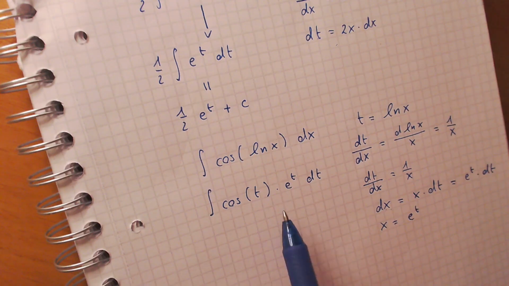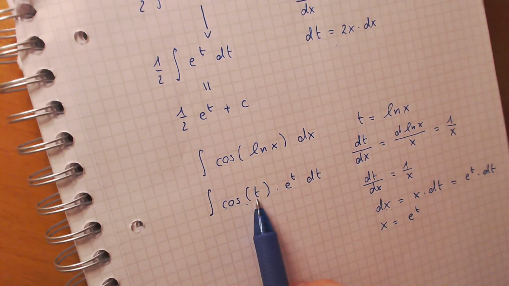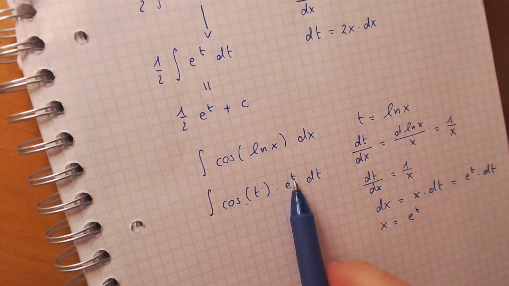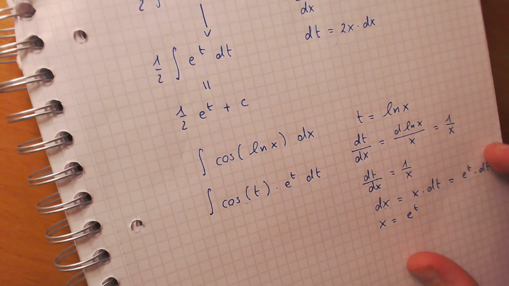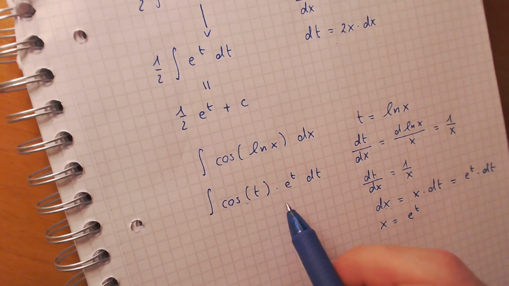Okay, so now we have to calculate this integral, cosine of t times e raised to the power of t. And in order to solve this integral, we know that we can consider an integration by parts.